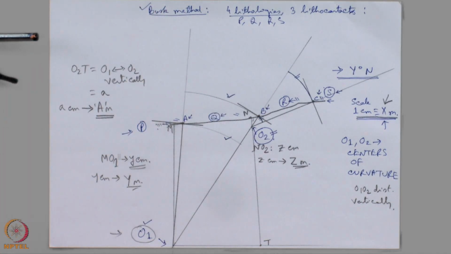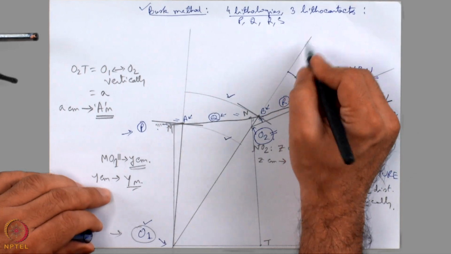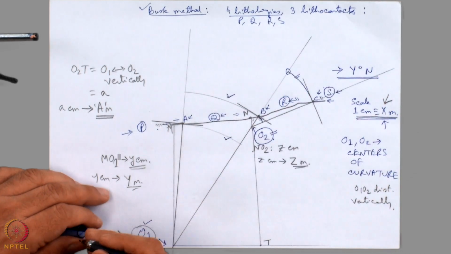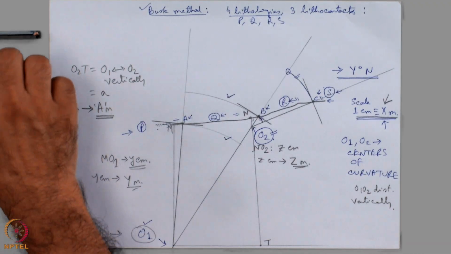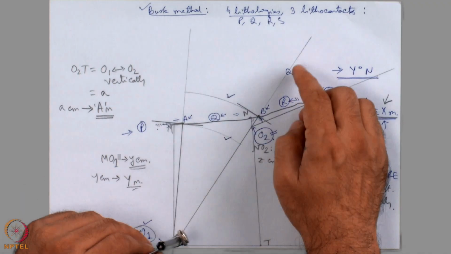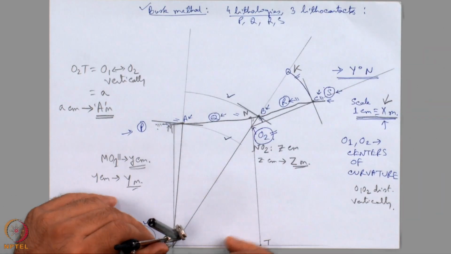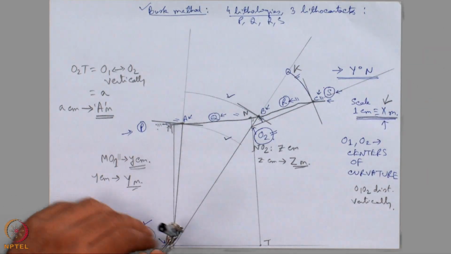The work is not yet over. This segment has intersected this line at this point. Now, what to do? Take O1 as the center and this point, let us call it point K. Take O1K as the radius.